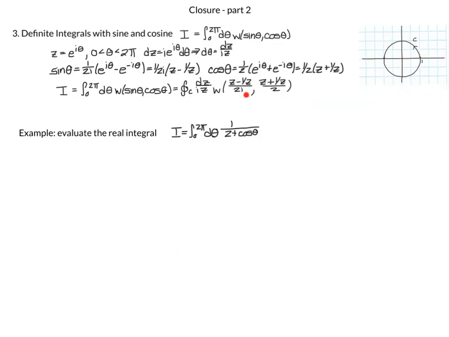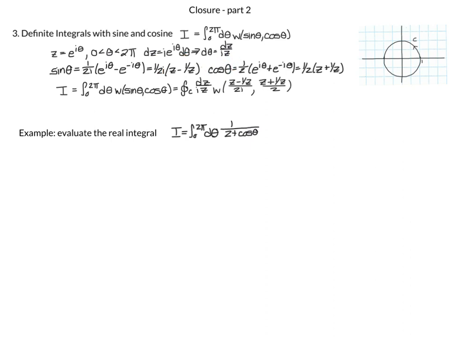So I got rid of those notes about principal part, but I have our notes from the definite integrals with sine and cosine. This is what our original integral looks like. An integral from 0 to 2 pi d theta, some function of sine and cosine. I used z equals e to the i theta to calculate dz. I have our sine of theta, which I converted to this formula using z, 1 over 2i, z minus 1 over z.